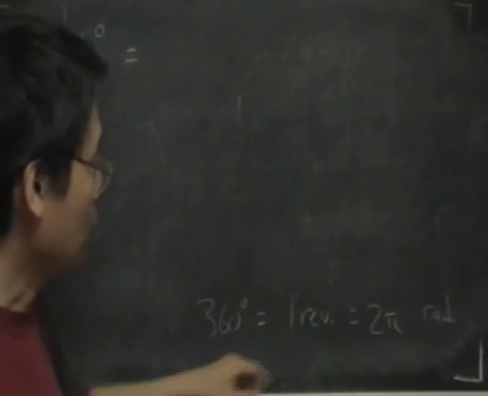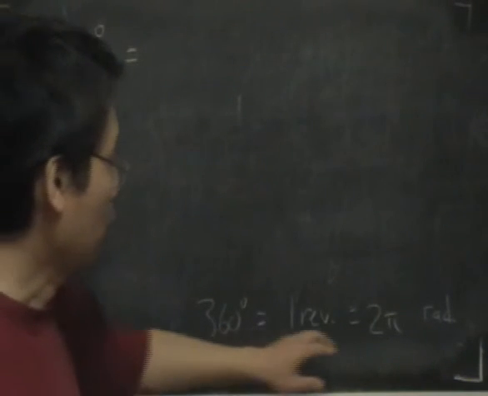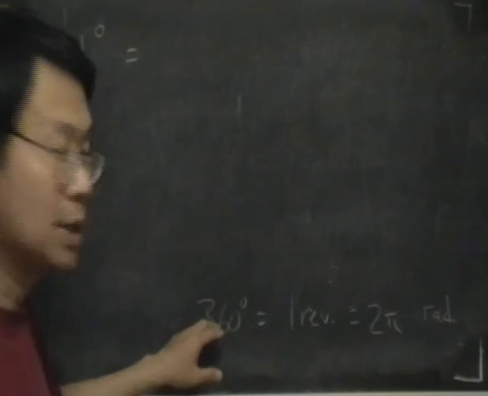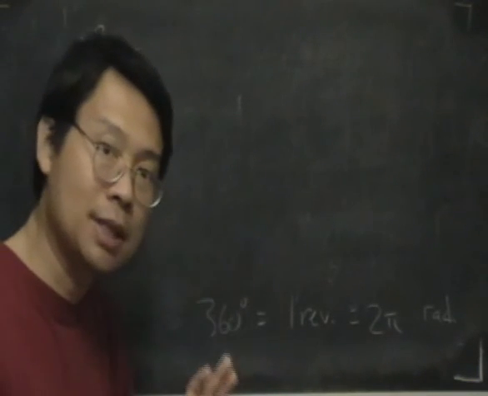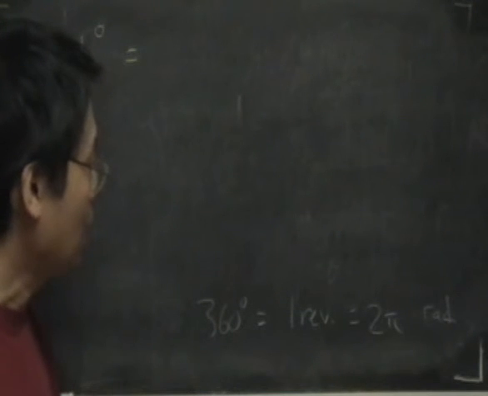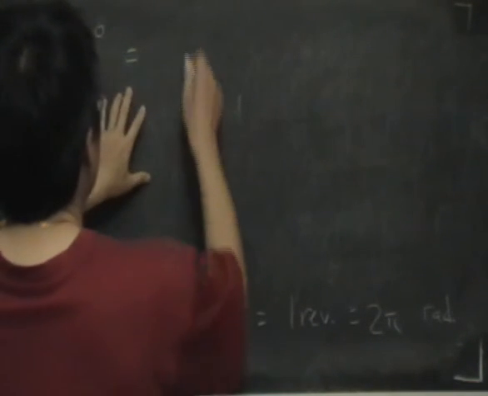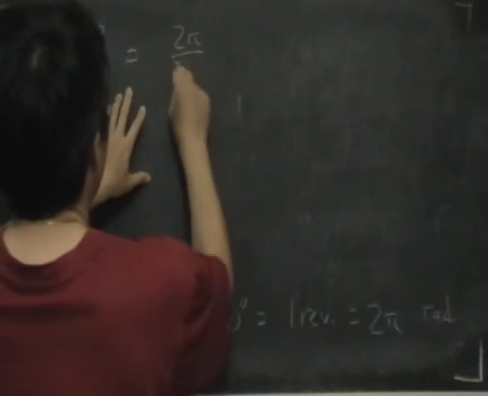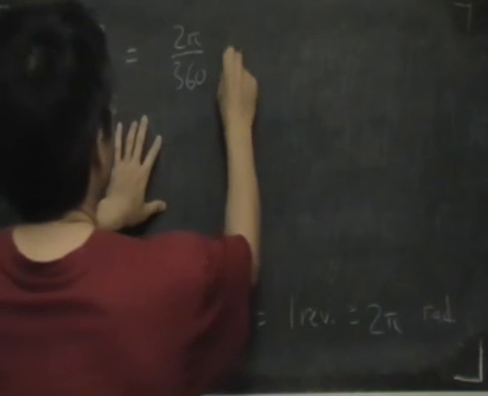Or you can think of it as, 2 pi contains 360 of these degrees, and if I want to find 1 degree in radians, I will take 2 pi and divide it by 360. So that's the answer in radians.